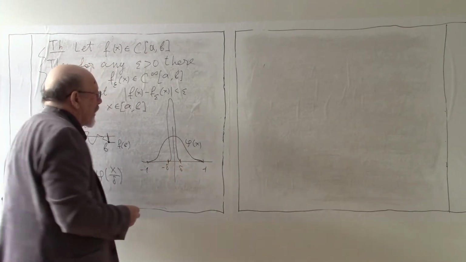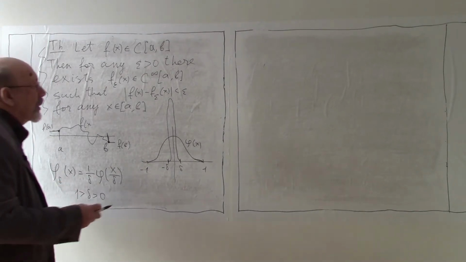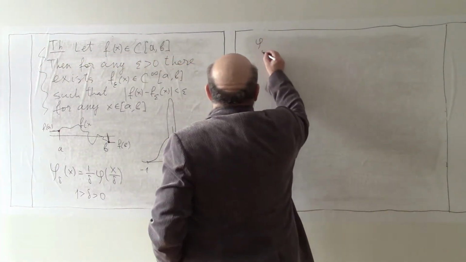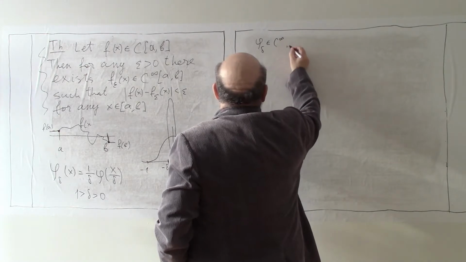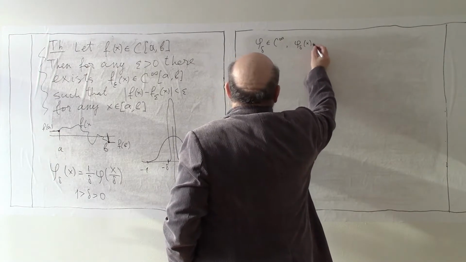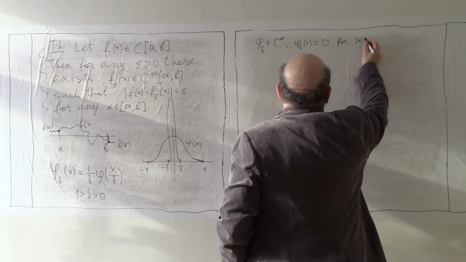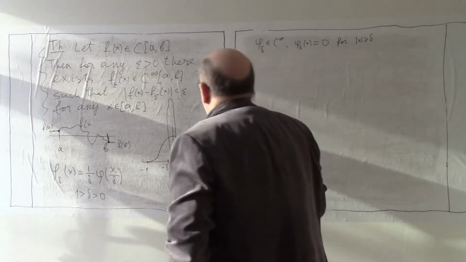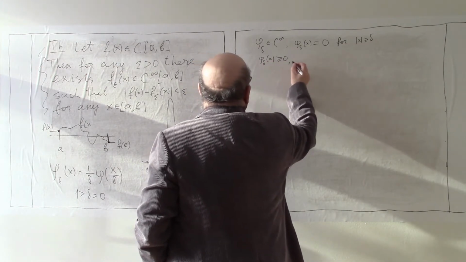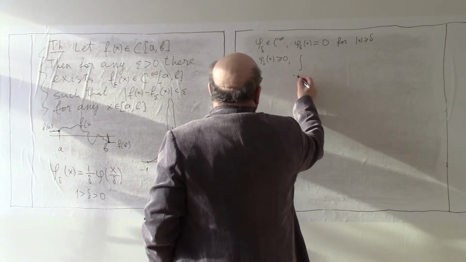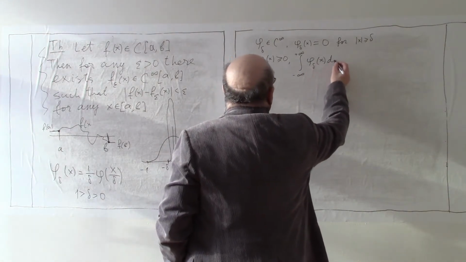And the result is the following, that this function phi delta is in C infinity, phi delta of x is 0 for modulus x more or equal than delta, phi delta of x is more or equal than 0, and the integral from minus infinity to plus infinity of phi delta of x dx equals 1.